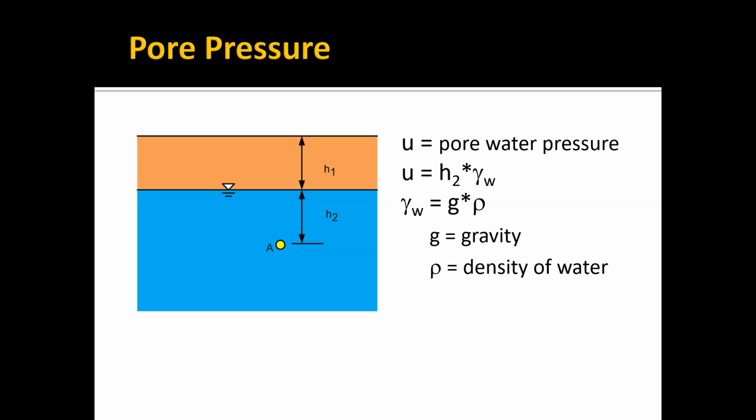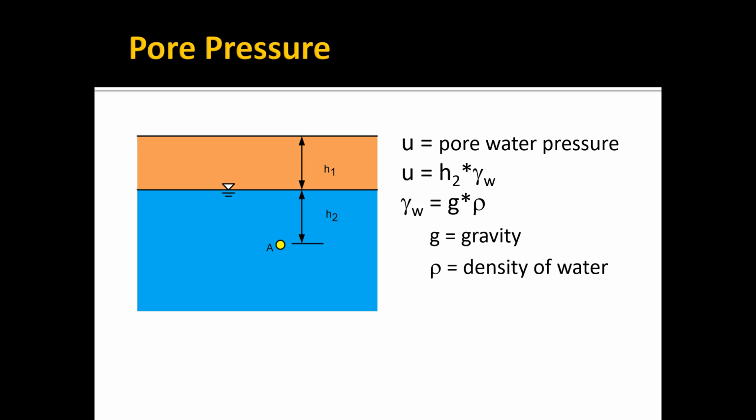Taken together, if you multiply the height of the water times the unit weight, the height of water is in length units, and unit weight is in force per length cubed. So you end up with units of force per length squared, which are the correct units for pressure.